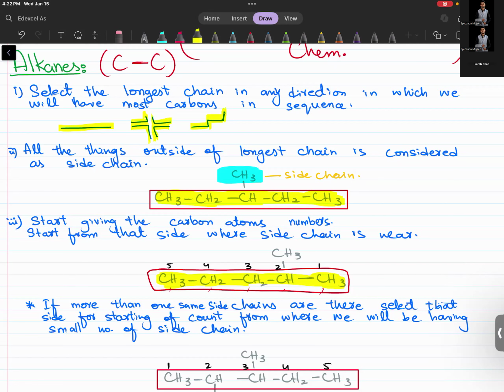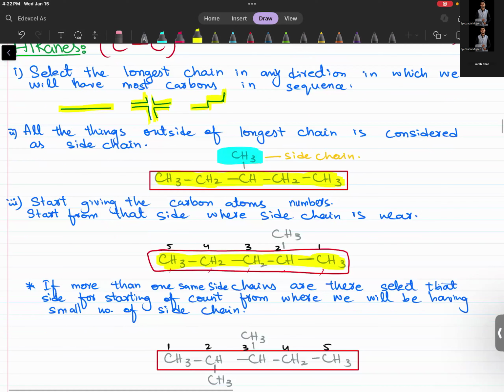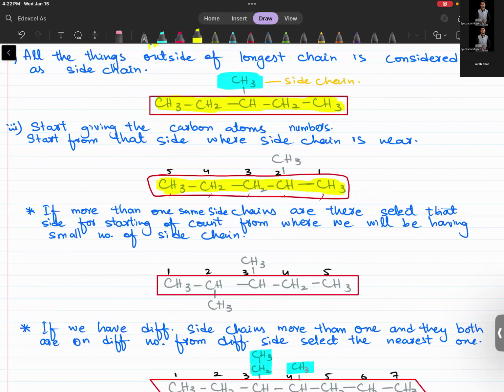Maybe there's a possibility that we will have two different side chains. So what will you prefer? You see that from the right side, the first side chain is on the third carbon, and from the left side, the first side chain is on the second carbon. So which side will be preferred, left or right? The left side, exactly. So if more than one side chain is there, select that side to start counting from where we get the smaller number for the side chains.